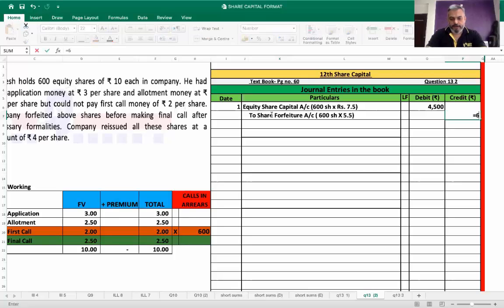So 600 into 5.5, 3,300, and 2 share first call account. 600 shares into 2, so 1,200.